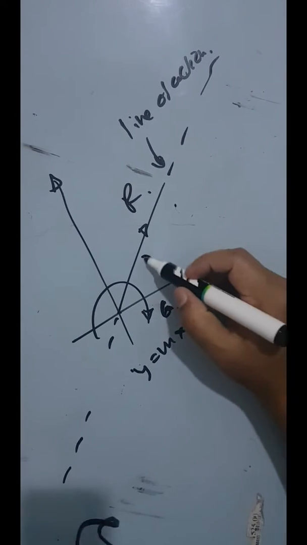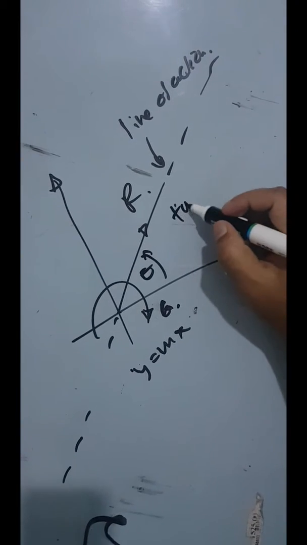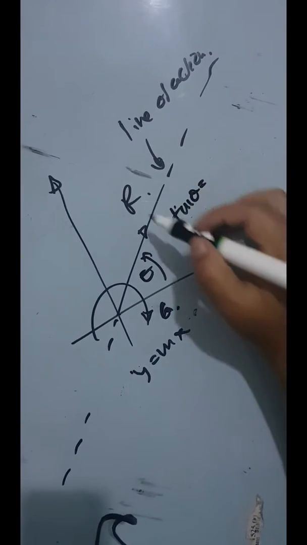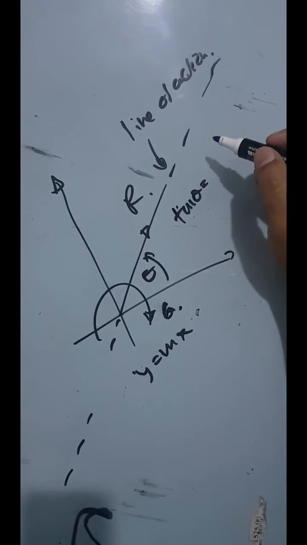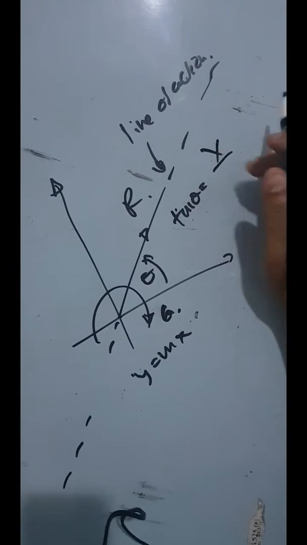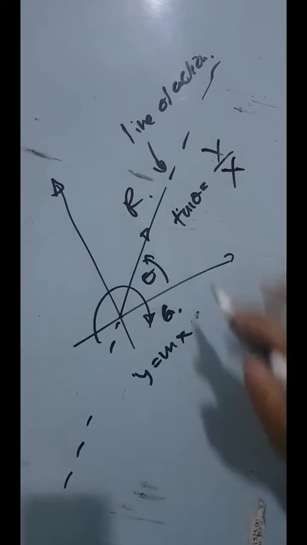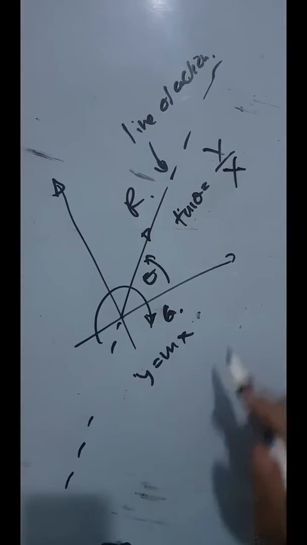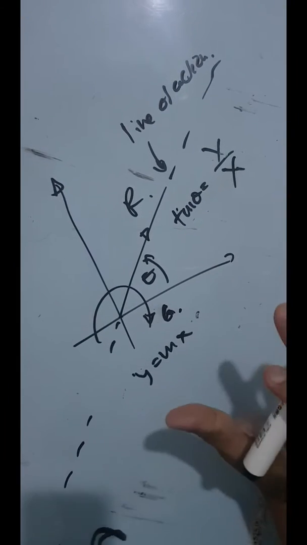We discussed that if this is theta, then tan theta will be given by the components of the r. Say the components of the r are y and x, given by capital Y and capital X. Capital Y means all the components in the y direction, and capital X means all the components in the x direction, summed up, right?